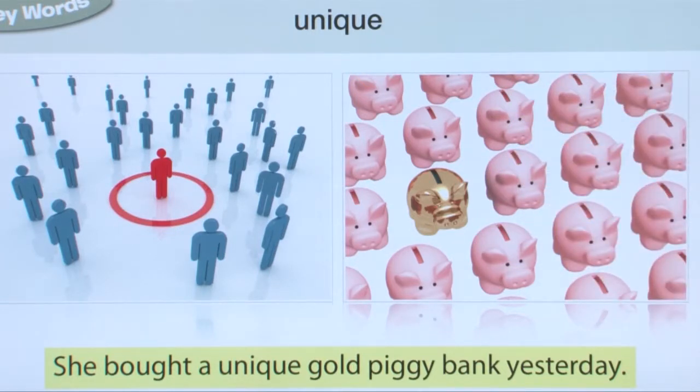Now, this red person and this gold piggy bank, well, they are unique. To be unique means to be different and special, to be peculiar, to be the only one amongst all these other different things. Let's look at our example sentence. She bought a unique gold piggy bank yesterday. So it was very unique, one of a kind.